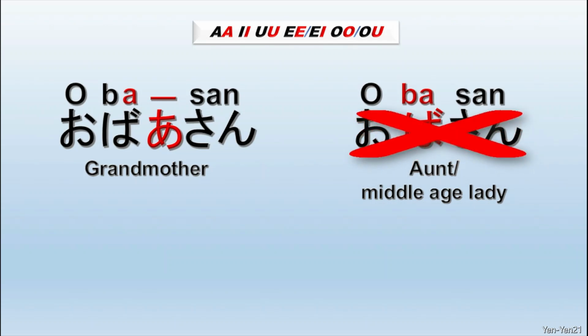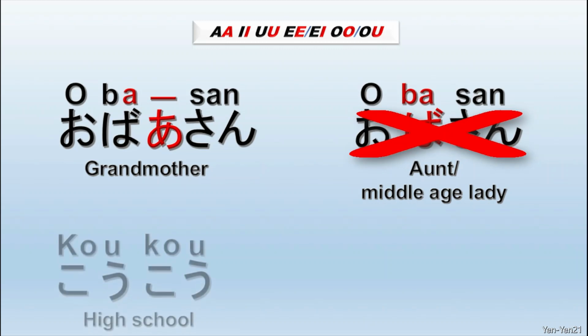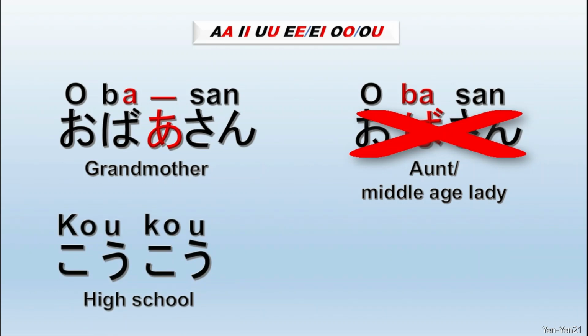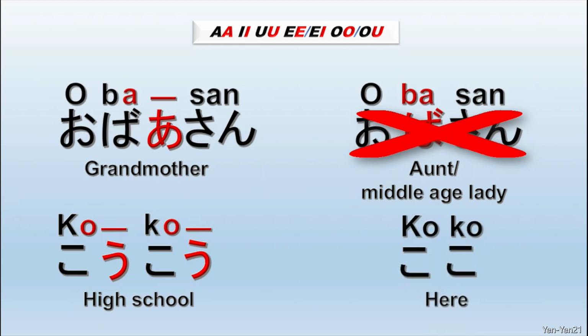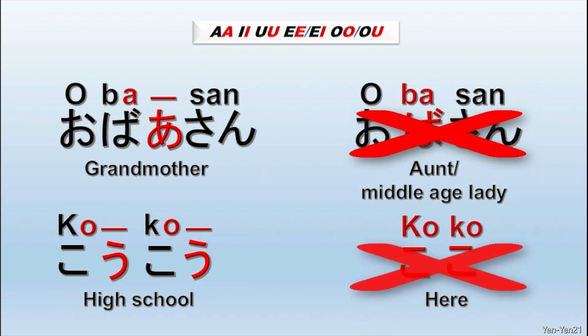It's not the word you think you've said, so you have to be careful with this. You want to say kōkō, which means high school, and you just pronounce koko, which means here. So you have to be careful with this.